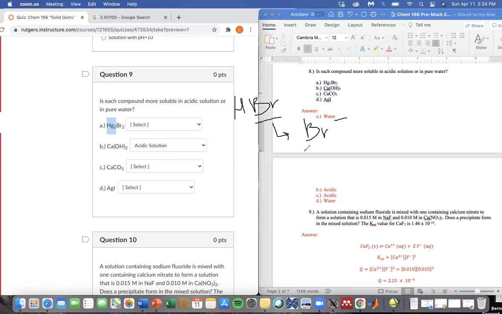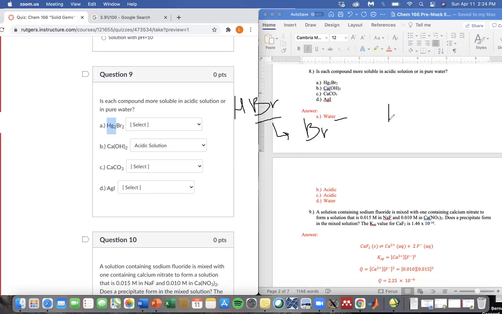And because of that, it wouldn't even act as a weak base because it's part of a strong acid. If you remember how we had done before with the salts, whether it would be neutral or have a pH, does it cause a neutral pH? Br is just going to be a spectator ion because it's bonded to HBr, which is a strong acid.